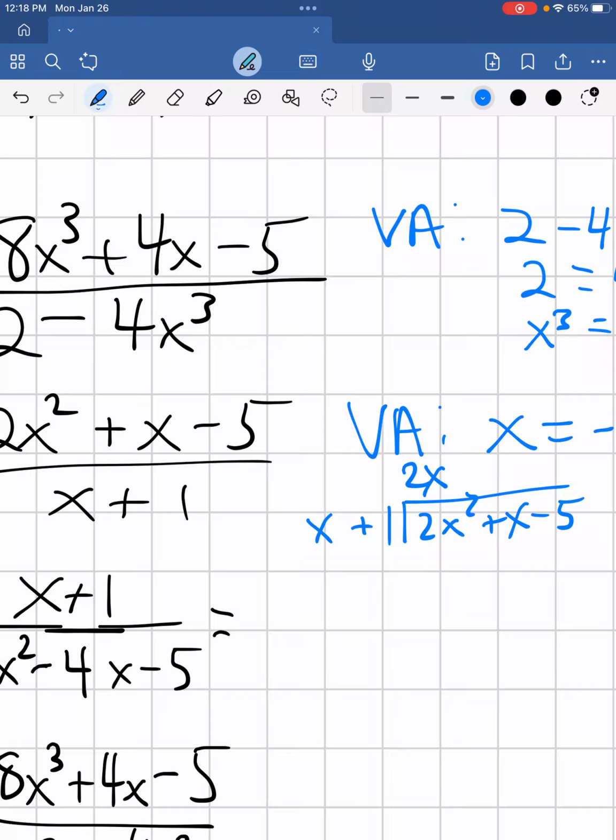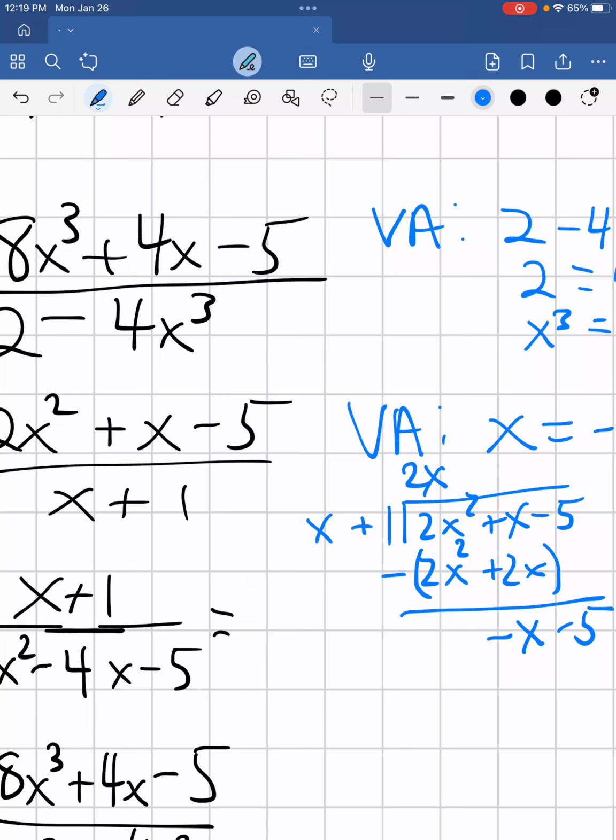Then I distribute, so we get 2x squared plus 2x, and we're going to subtract that. Notice the parentheses. So 2x squared minus 2x squared is 0. I don't get anything there. x minus 2x, I get -x. And then you bring down the rest. So -5.